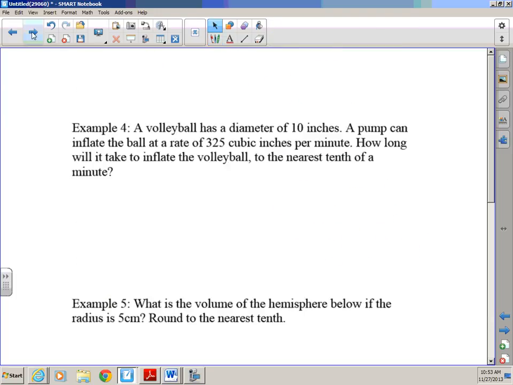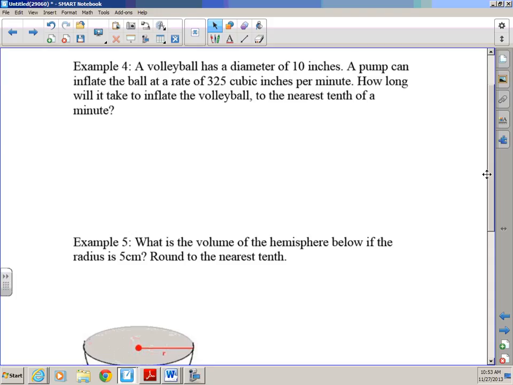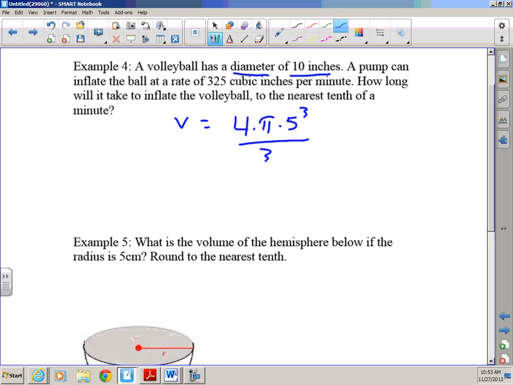Now, the next example. A volleyball has a diameter of 10 inches, and a pump can inflate it at 325 cubic inches per minute. And I want to find out how long it's going to take to inflate that volleyball. Well, what you would need to know is how much air the volleyball takes. And that means you're finding the volume, okay, diameter of 10, so 4 times pi times 5 cubed divided by 3.